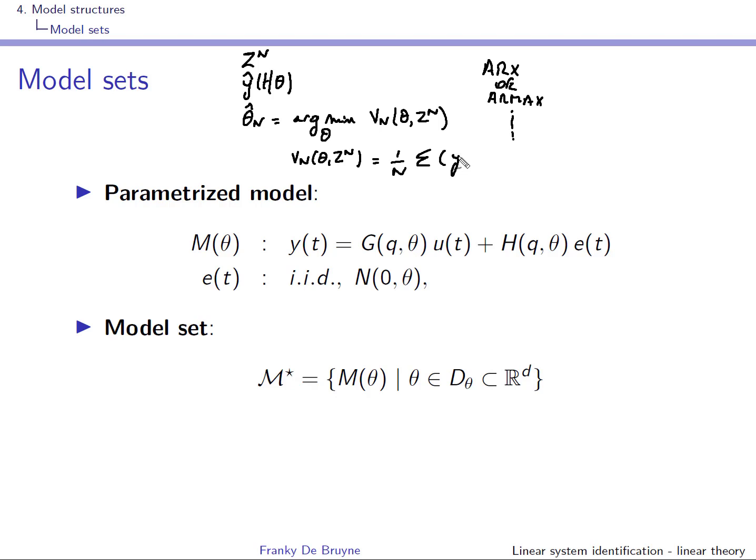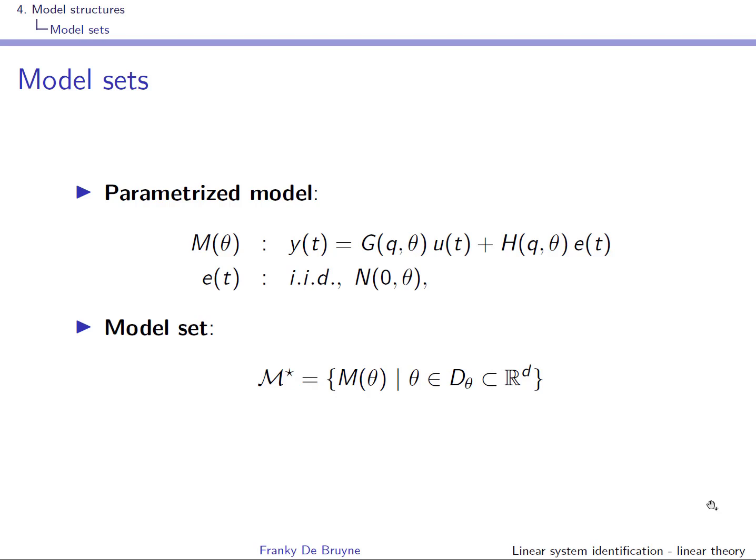So y(t) minus y-hat(t|theta), squared. This will be the cost, right? In this way we'll obtain an estimate of theta and an associated model.